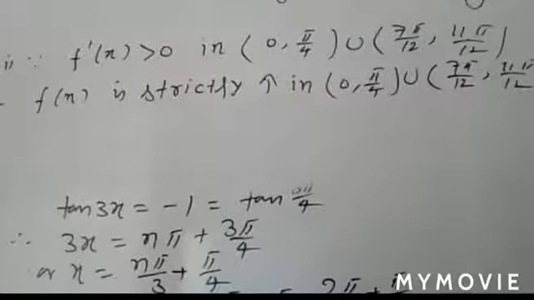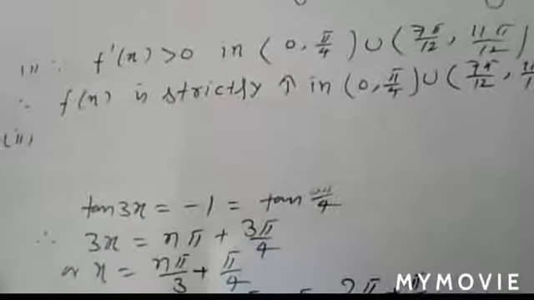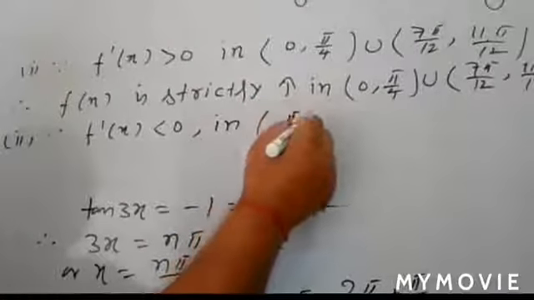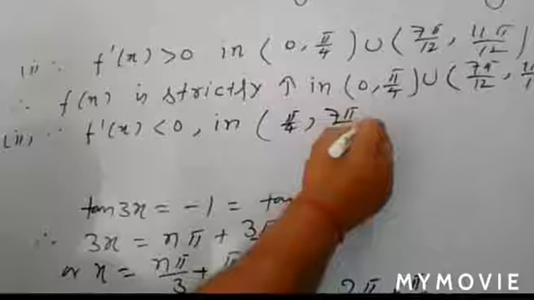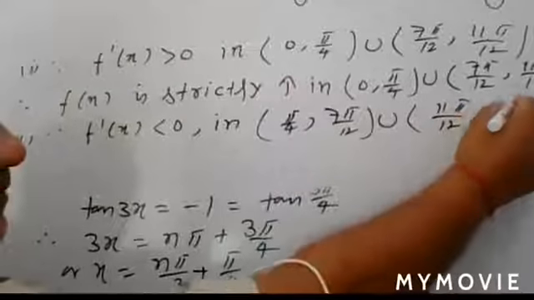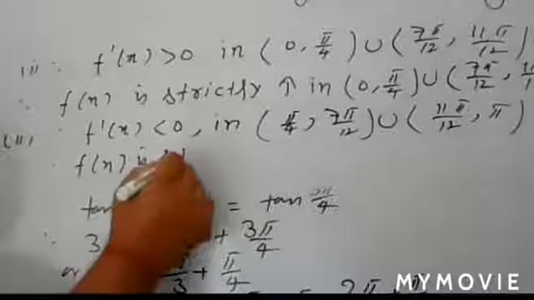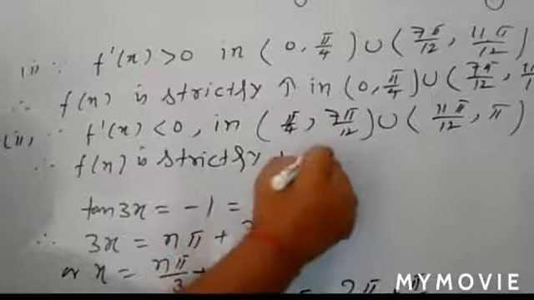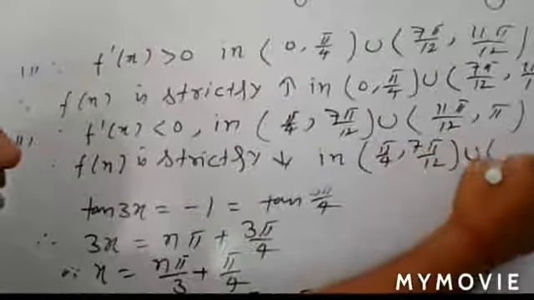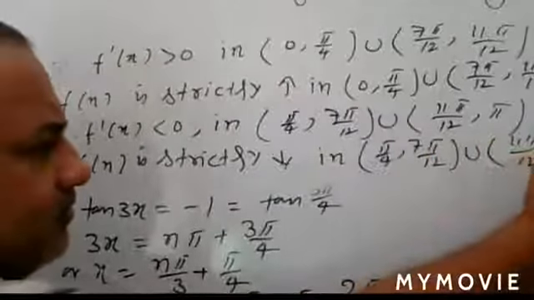And in the second point you write: since f dash x is less than 0 in the two intervals pi by 4 to 7 pi by 12 union 11 pi by 12 to pi, hence f(x) is strictly decreasing in pi by 4 to 7 pi by 12 union 11 pi by 12 to pi.